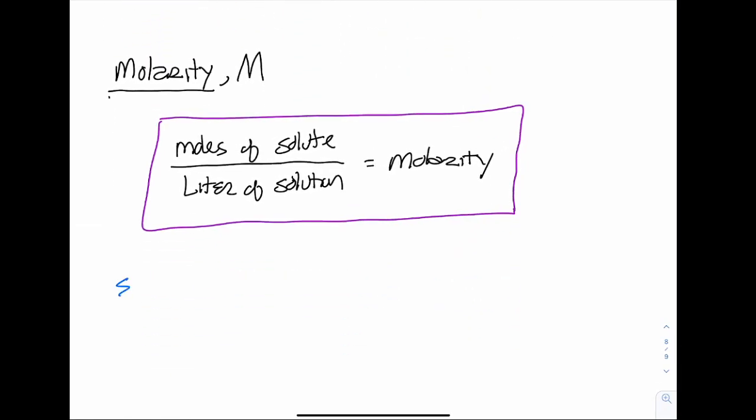So an example for us, just solving for our concentration.